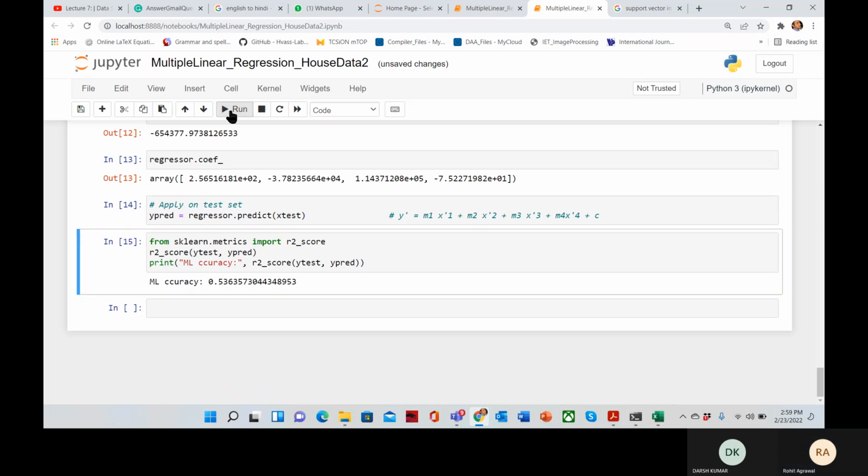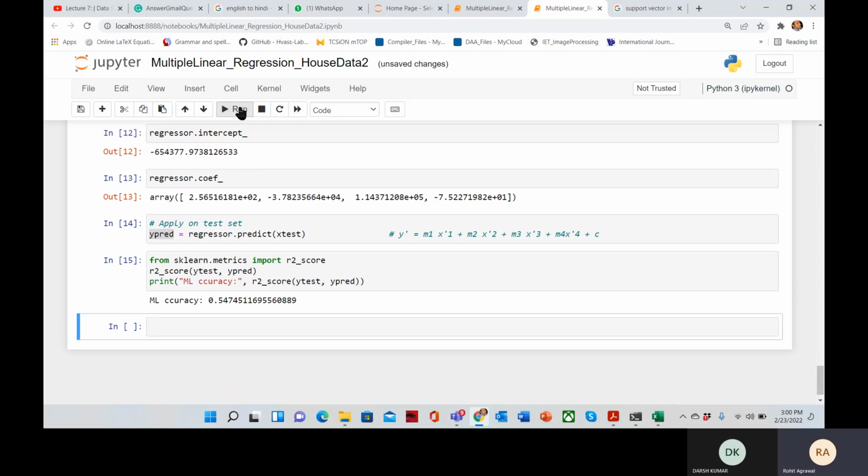This is our predicted value, and this was our original value from y test, and we are just calculating the accuracy. So our model is giving around 54% accuracy, only 54%. This is clear?